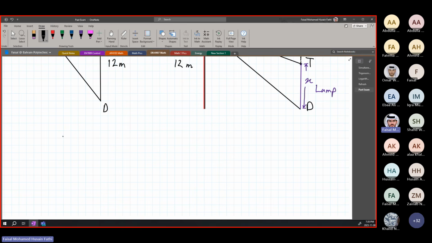The smaller triangle is going to look something like this, roughly. Then here a straight line, and here a straight line.